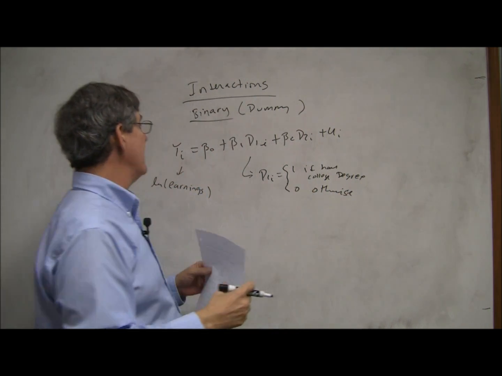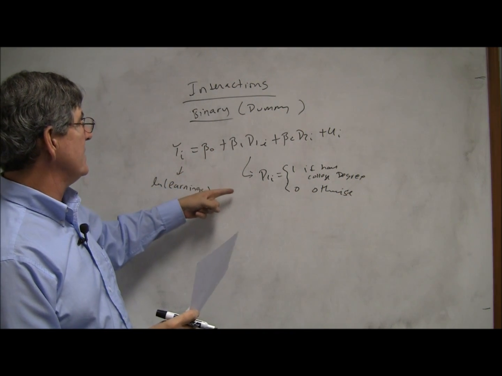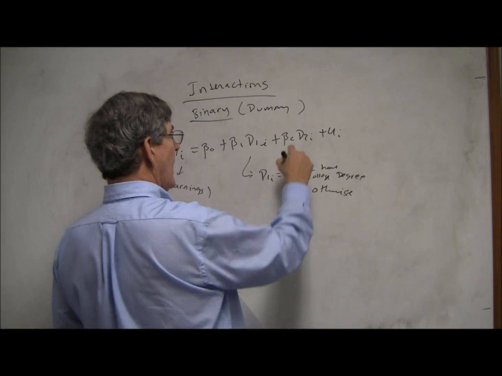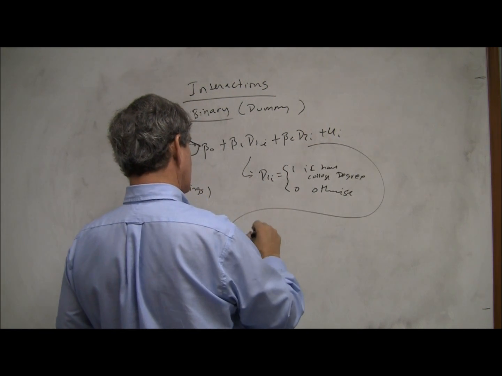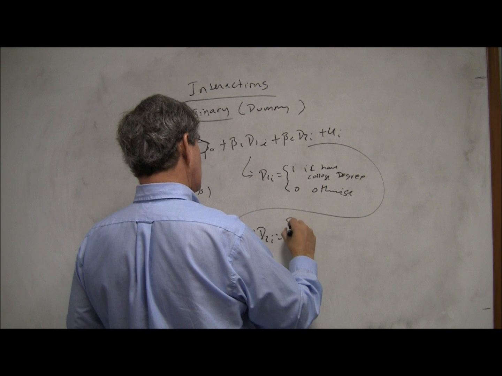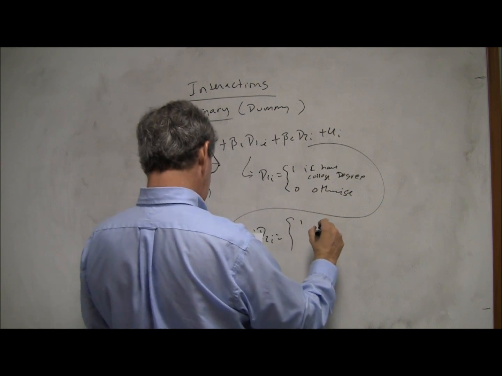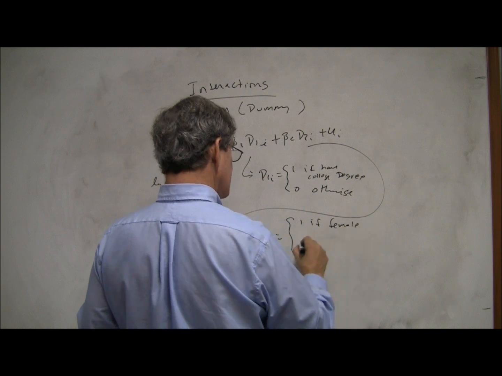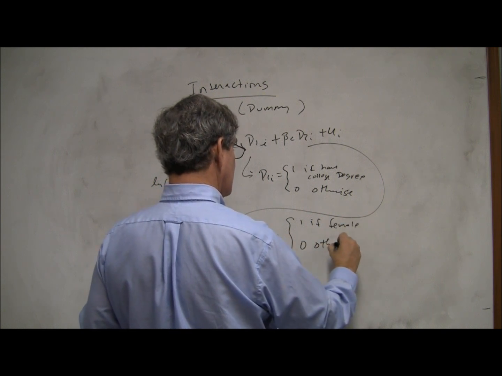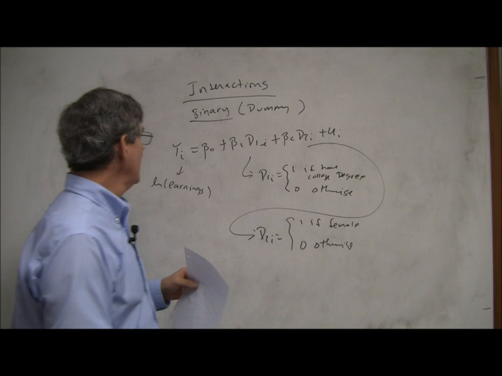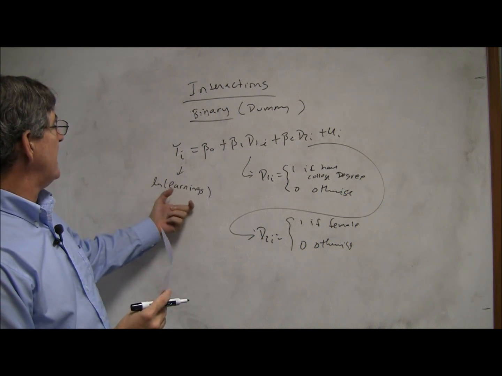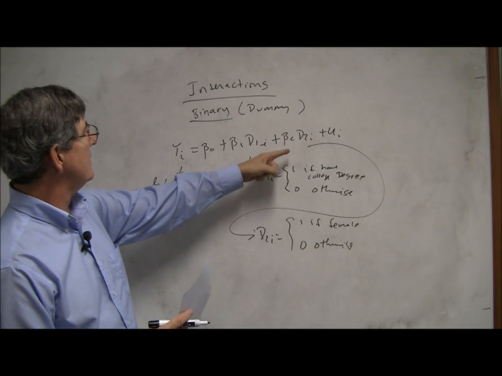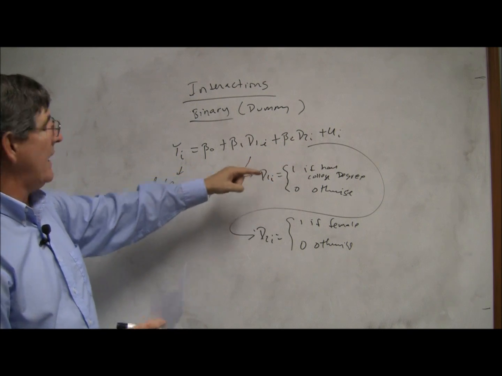And so it's a dummy variable indicating that you graduated from college or not. d2i is 1 if female. If you're a woman, 0 otherwise. So we're letting the log of earnings depend upon whether you have a degree or not and whether you're male or female.